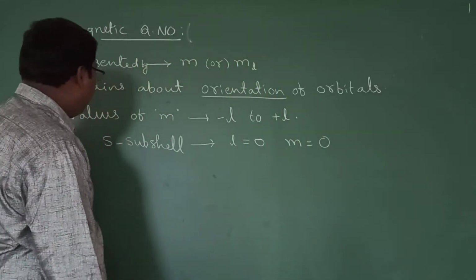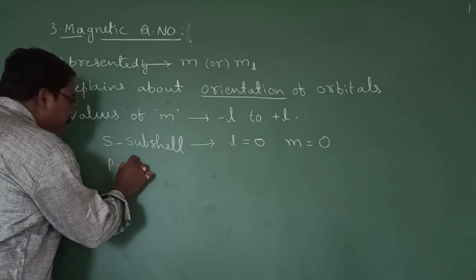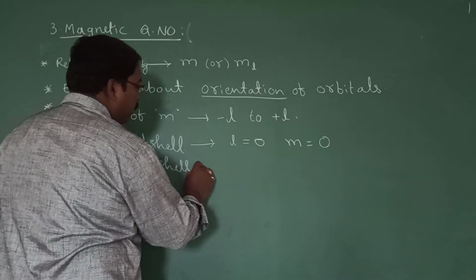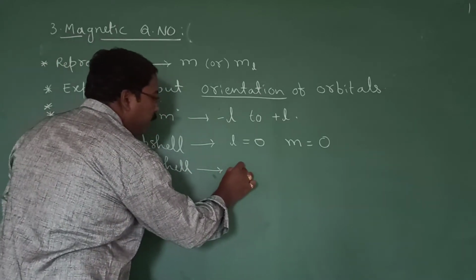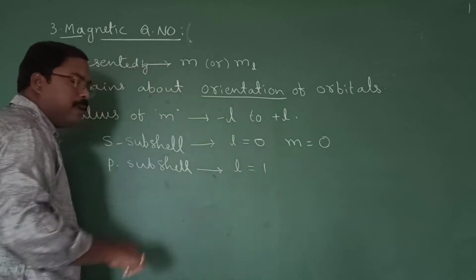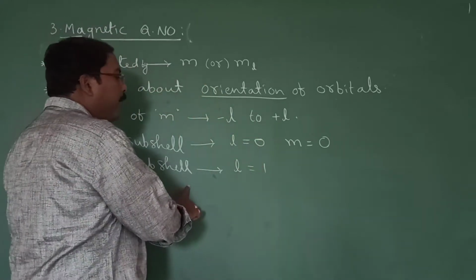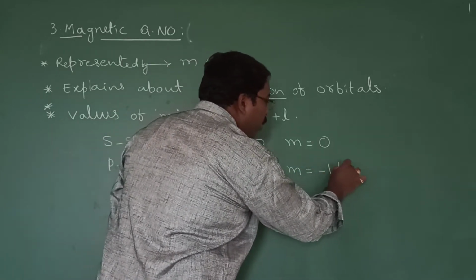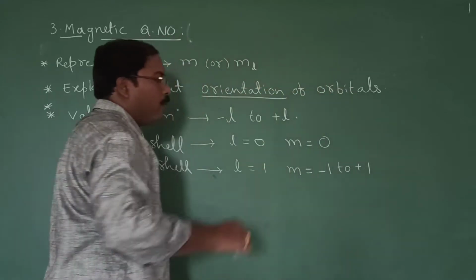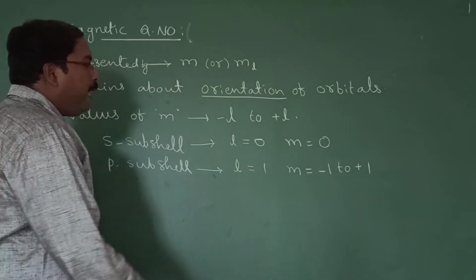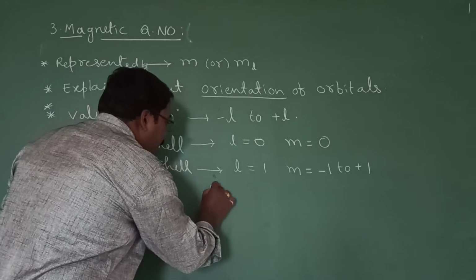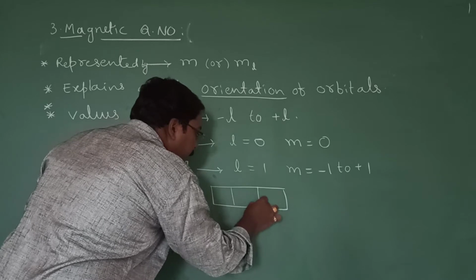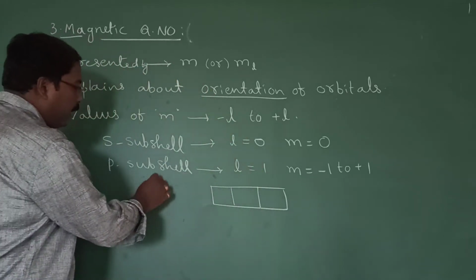Now coming to the P subshell, what is the L value? The L value is 1. When the L value is 1, what about the m values? The m values will be from minus 1 to plus 1. This whole thing we generally call the P subshell.